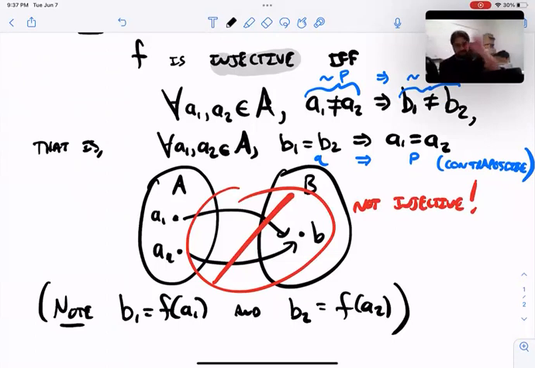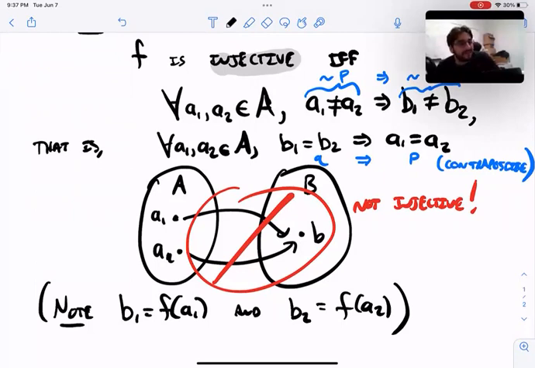In this notation. Right? So that's what's nice about the definition with the negations. I think makes the arrow diagram very clear, right? You have A1 and A2 being distinct. So then f of A1 and f of A2, right? These elements B1 and B2, those then are also distinct if A1 and A2 are distinct.